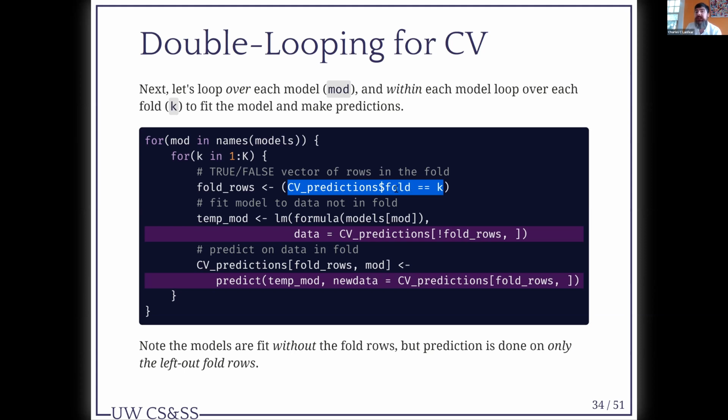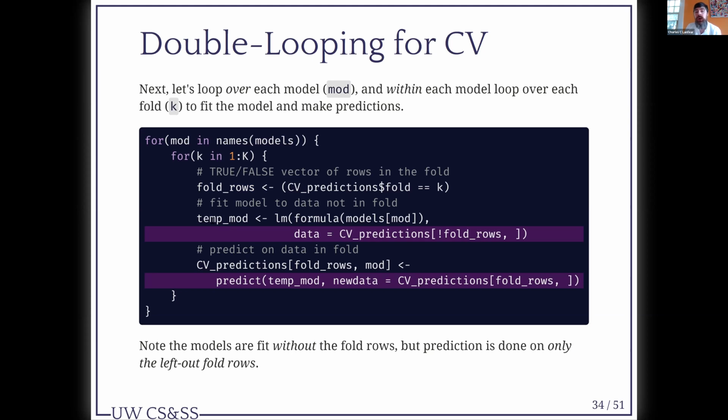This thing is going to be true whenever the variable fold in CV predictions is equal to our current fold. So this means fold rows will be true anytime that row has fold equals 1. Then for every other row in the data that doesn't have fold equals 1, this thing will be a false. We can use trues and falses to subset our data, which is what I'm going to use them for.